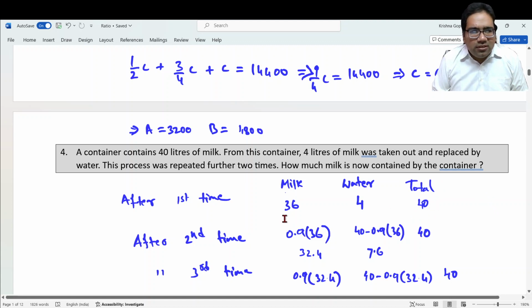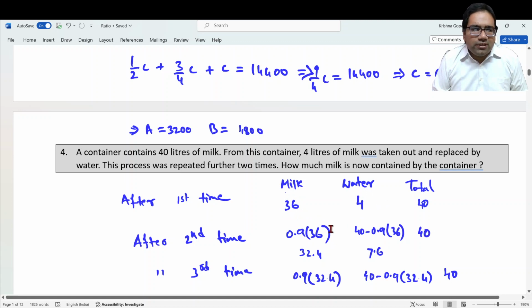What does that mean? 10% of milk will get removed, and the remaining will be removed from water. So of the 4 liters, 10% of 36 will be milk, 10% of 4 will be water.